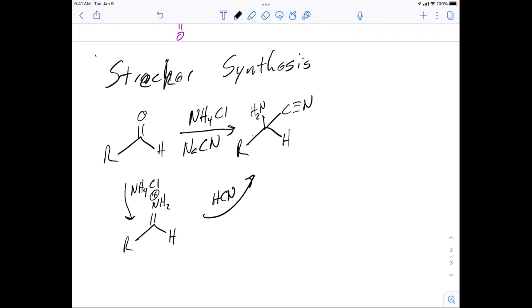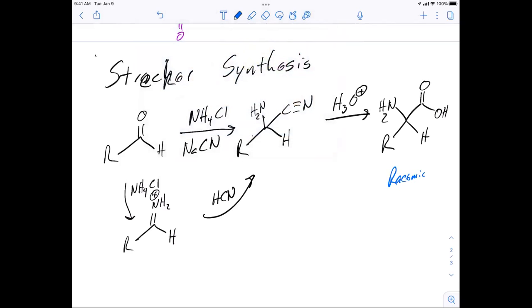Once we have this, all we have to do is hydrolyze it to get to the amine. And again, this one is going to be racemic. Questions about this synthesis?